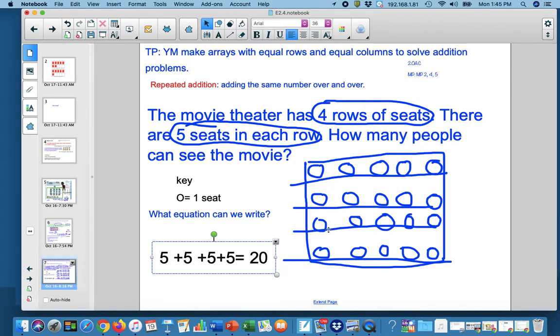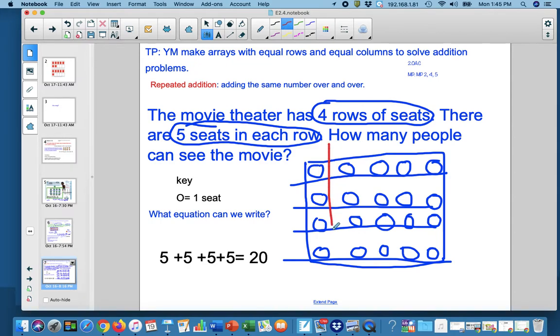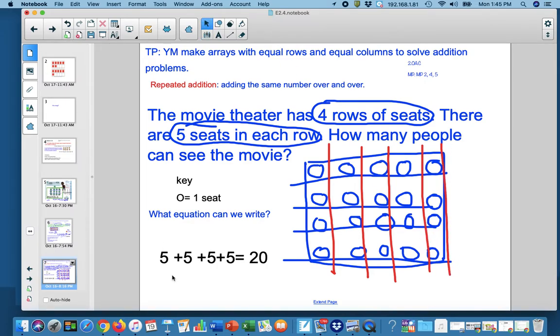We can now also go by the columns. In each column, there are 4. So now let's write the repeated addition for the columns.